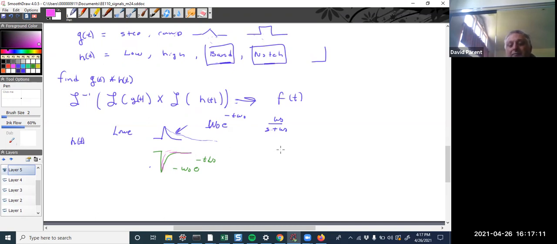But even though this is a triangle, it's actually going to have a low pass effect, which is going to smooth things out.